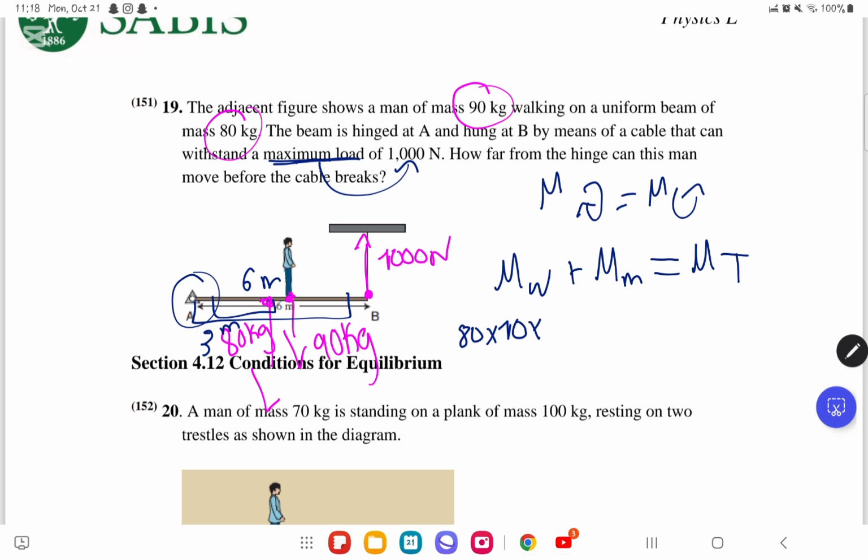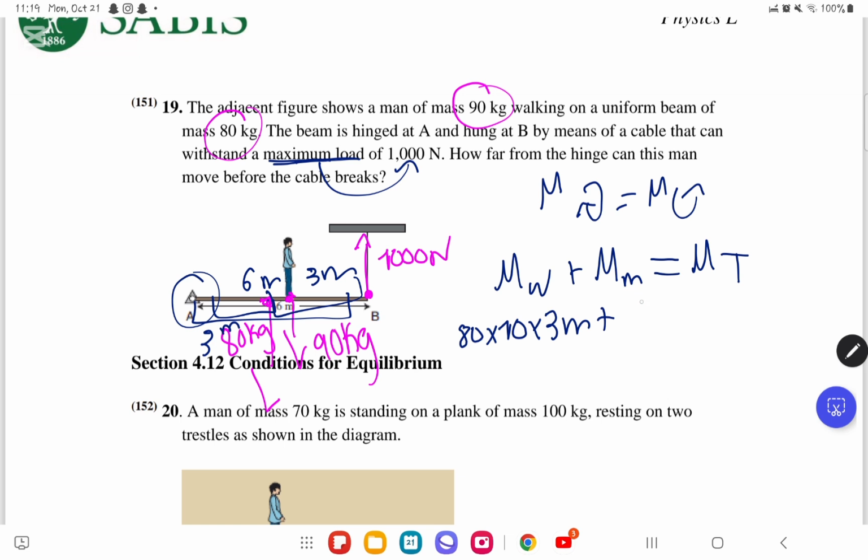When it's a uniform object, it means that the center of gravity is exactly at the geometrical center. So it will cut it into two equal pieces. Here's 3 meters and here is 3 meters. So the distance from 80 kg to the axis is 3 meters.